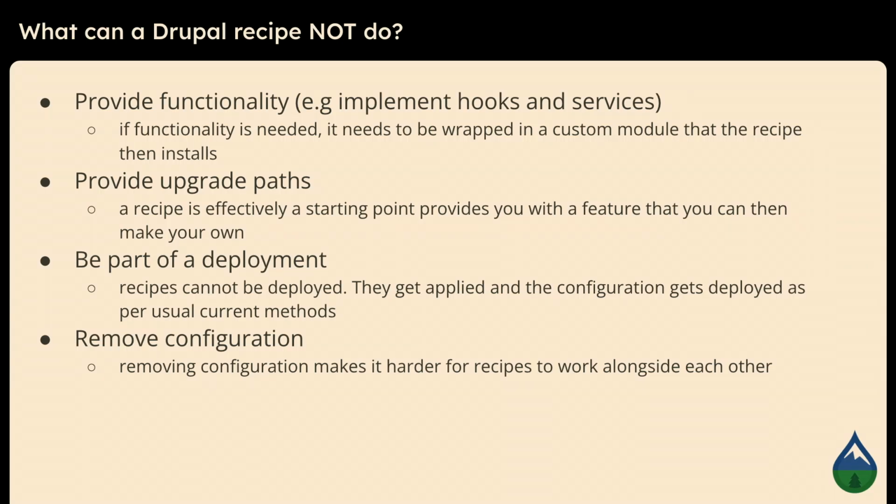A recipe just gets applied as any other module. It applies its configuration, it makes its changes, and then it's up to us to export that configuration as we do currently with our current systems, commit it and deploy it.